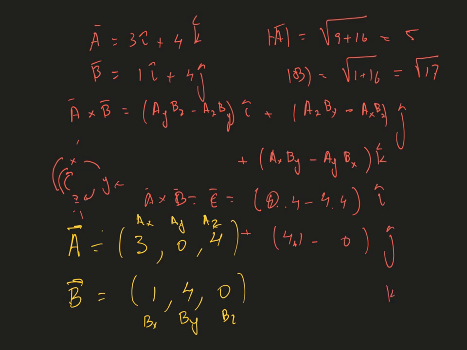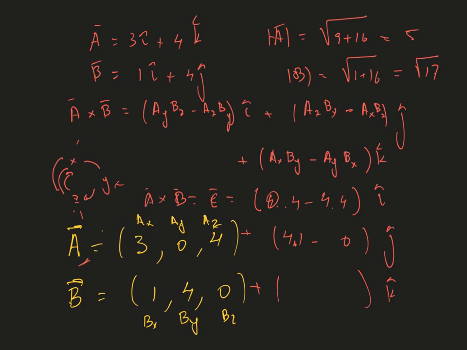And on the K direction, once you have A and V written in this way, for this theta direction, you can do 3 by 4 minus 0 by 1. 3 by 4 minus 0 by 1 will be A theta.